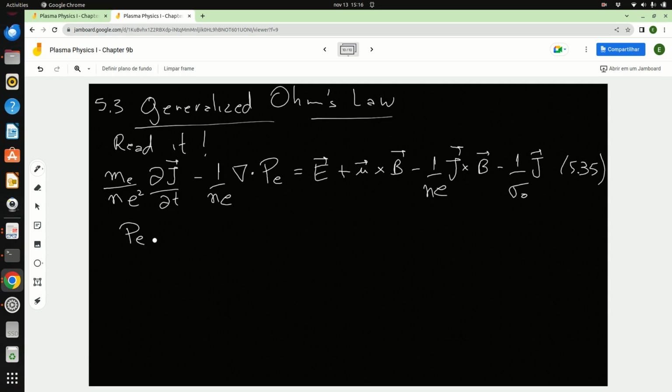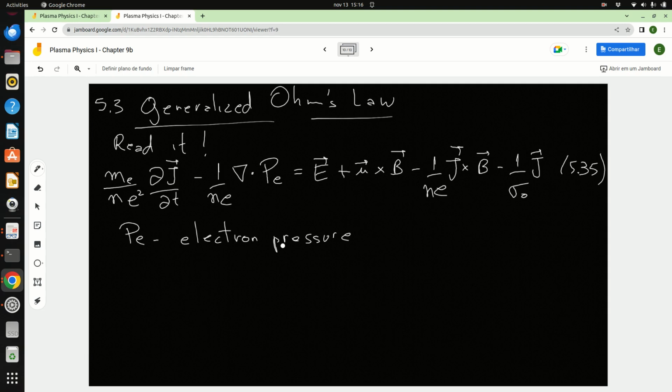PE, as I said, is the electron pressure, the pressure performed by the electrons. If you have a plasma with only two species, you have electrons and one type of ion. That's the type of plasma which is considered in this derivation.